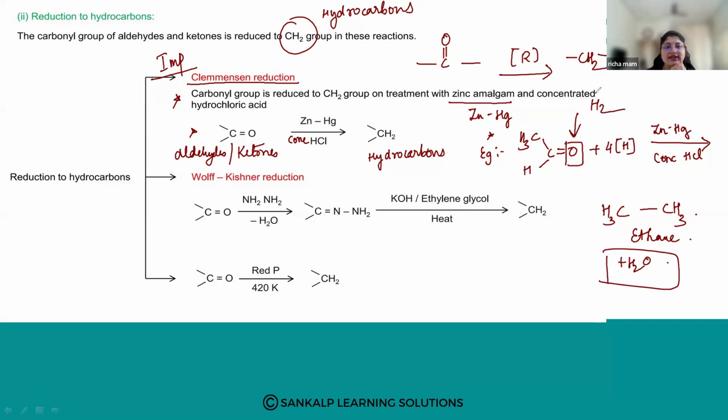Understood? So this is Clemmensen's reduction. Your carbonyl group, that is aldehydes or ketones, can be reduced to hydrocarbons in the presence of zinc amalgam and concentrated hydrochloric acid. We are going to get ethane plus water. Okay. Fine.